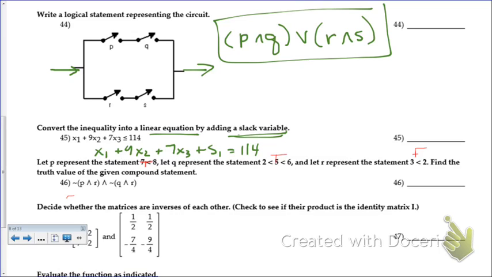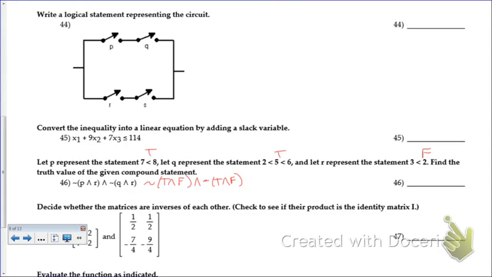So I have not P, which is P and R. P was true and R was false, so not true and false. And Q is also true and R is false. Okay, so I ended up having a not true and false and not true and false.